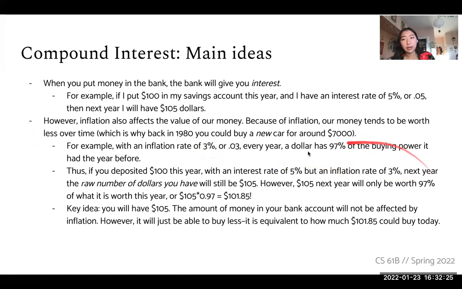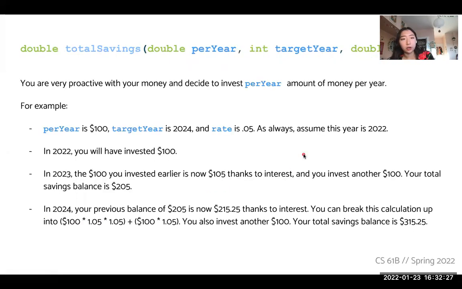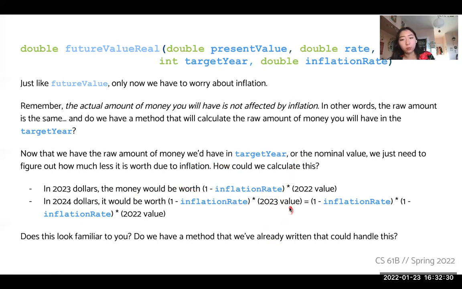This is why here in future value real, we're doing 1 minus the inflation rate times the 2022 value, and that gives you how much it's worth in 2023. In 2024, again, we've depreciated by the inflation rate, or in other words, 1 minus inflation rate times what we had in the last year.